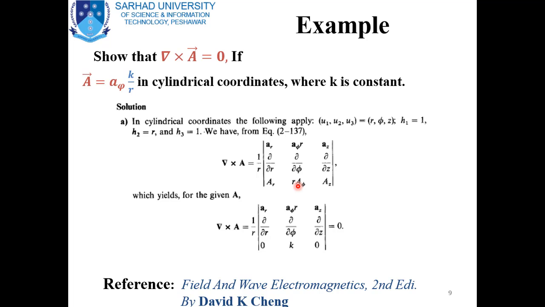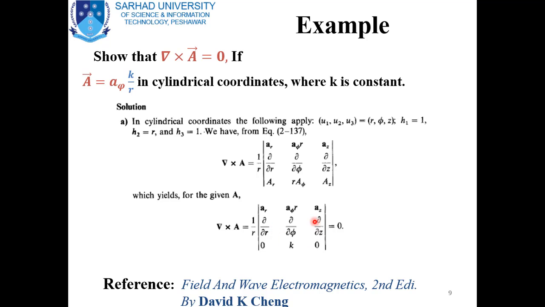After writing the components of A, we know that the given function A has only a phi component, so A_r and A_z become 0 and A_phi is equal to k by r, so here r is present, so r will cancel with r and we will be left only with k.